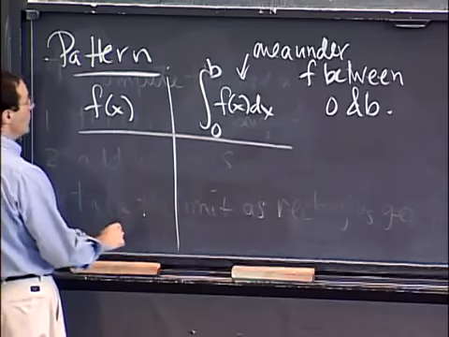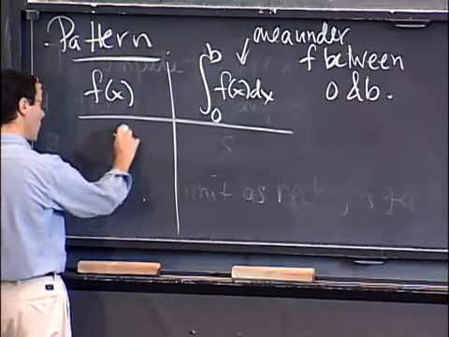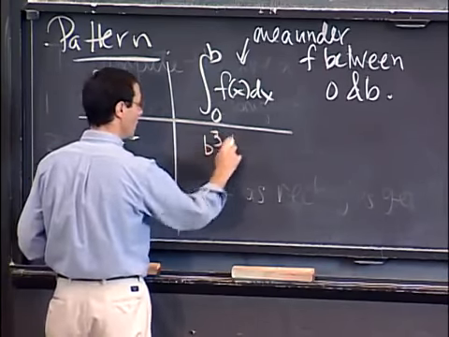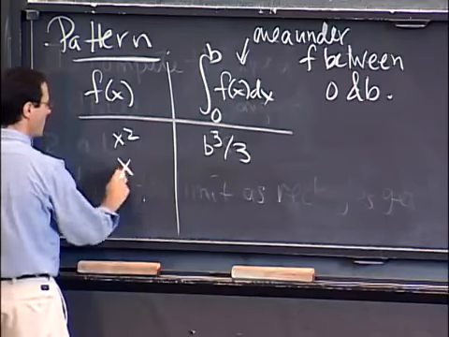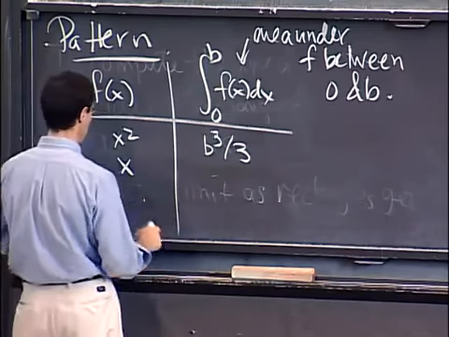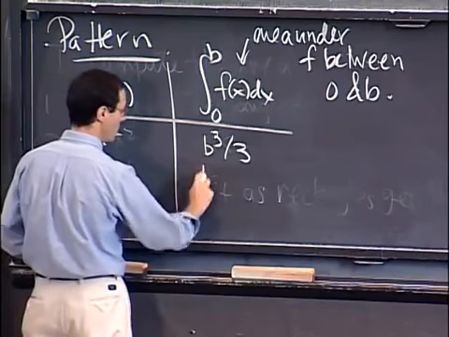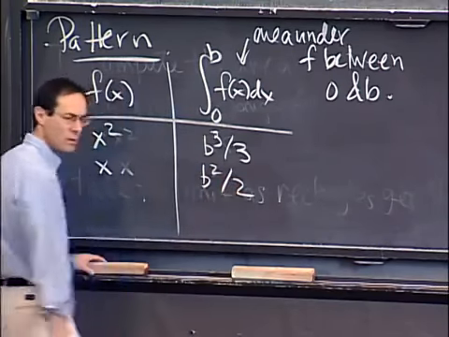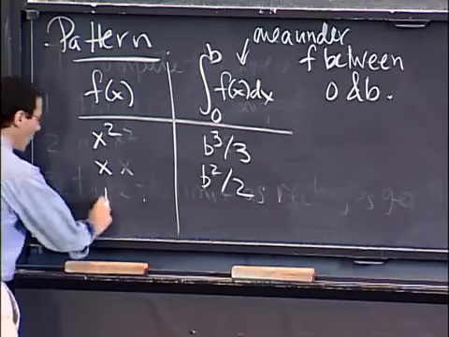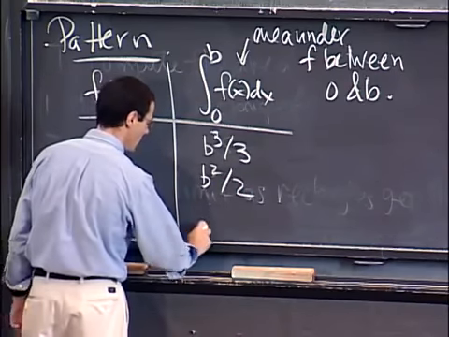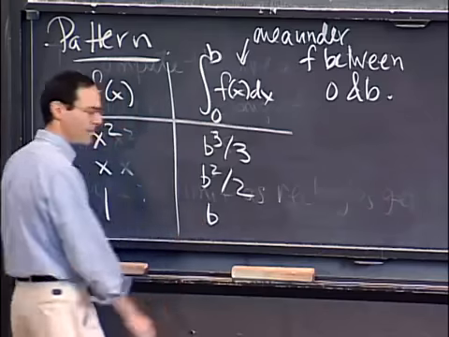And we have x squared, which turned out to be b cubed over 3. And we have x, which turned out to be, well, let me write them over just a bit more to give myself some room. x, which turns out to be b squared over 2. And then we have 1, which turned out to be b.